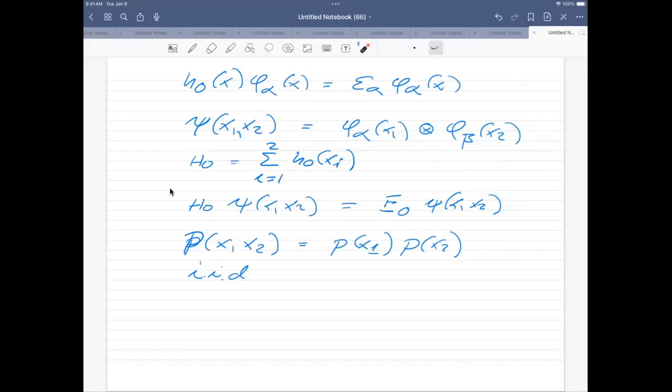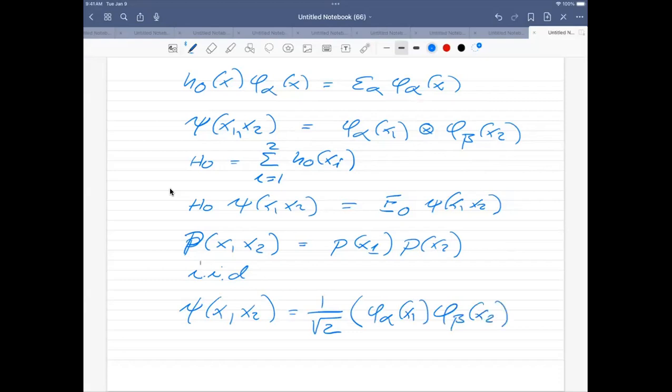Now, if you think of a fermionic system which has to have a wave function which is anti-symmetric, then the simplest example of an entangled state is an ansatz for the fermionic state for two particles, given by the product of these two states, but then we have a minus in order to obey the anti-symmetry, where particle 1 and particle 2 change place.